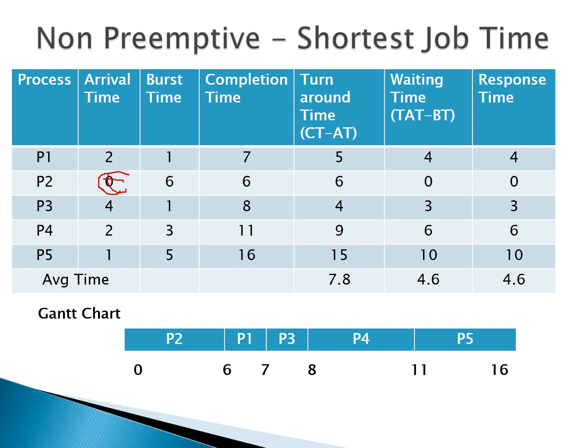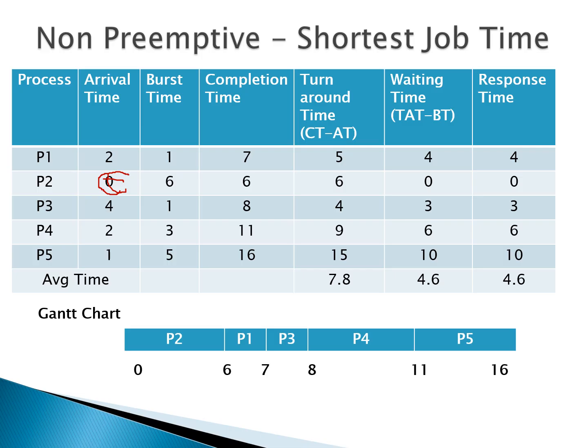So from the arrival time till it completes, how long it was there. We'll check that. Completion is 7 and the arrival was at 2, so the turnaround time was 5. Here the completion was 6 and it arrived at 0, so the turnaround is 6.